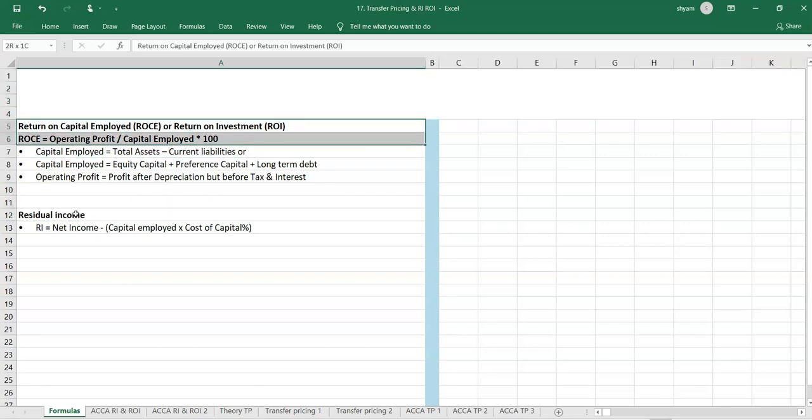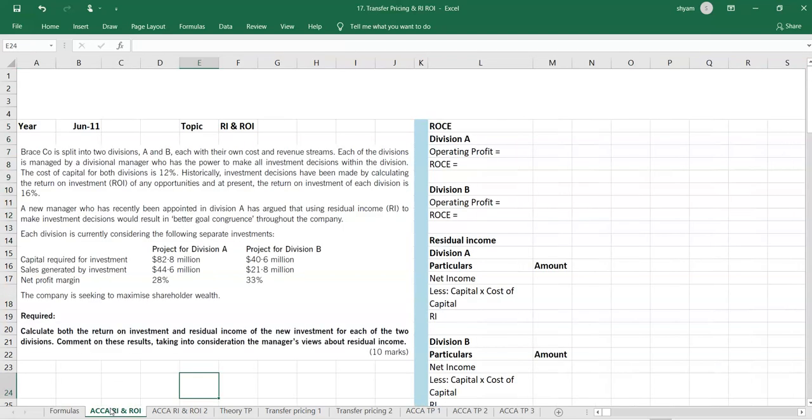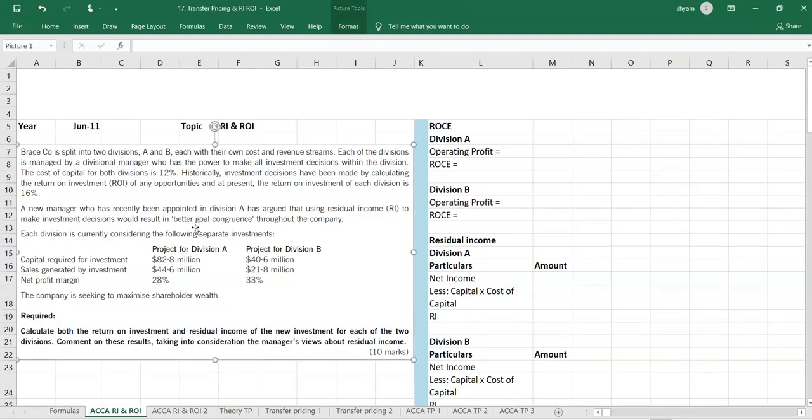We'll move on to the application of these formulas. We'll start from this problem, which was asked in the June 2011 ACCA exam, and we'll start from the required.